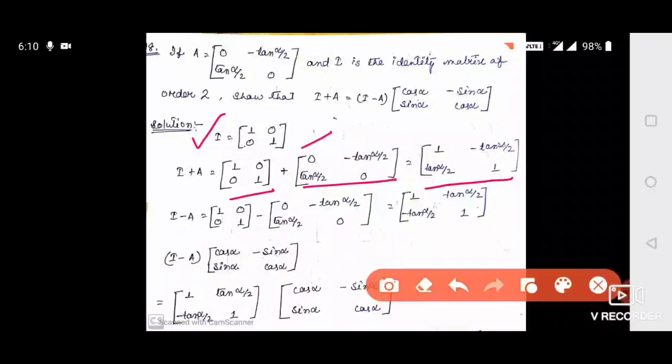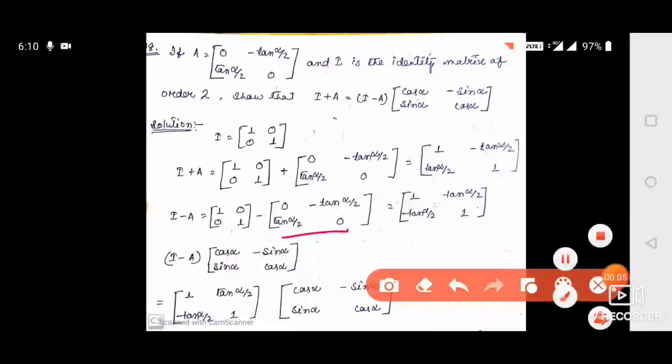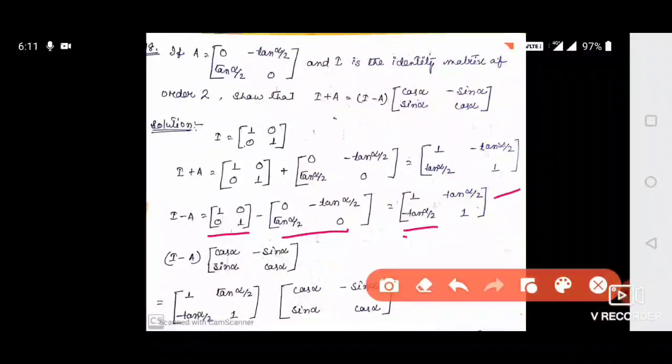Next we have done I minus A for the right hand side. So I minus A means identity matrix I minus the matrix A. So here we subtracted the elements of A from I. So it will become [1, tan alpha by 2; minus tan alpha by 2, 1]. So all are 2 by 2 matrices.